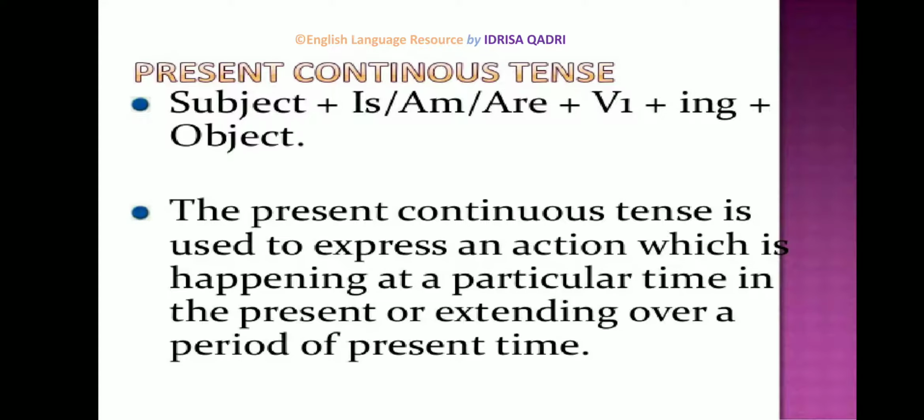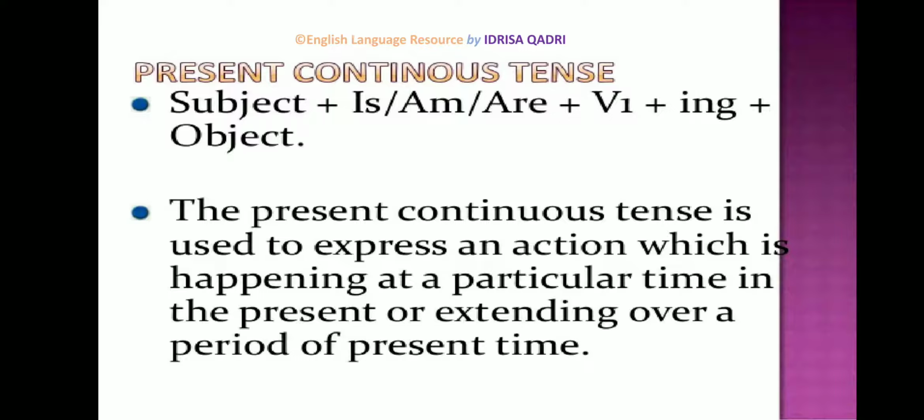Now we have present continuous tense. The present continuous tense, also called progressive tense, is used to express a temporary action which may not be actually happening at the time of speaking. For example, I am reading Princess by J.P. Sasson.